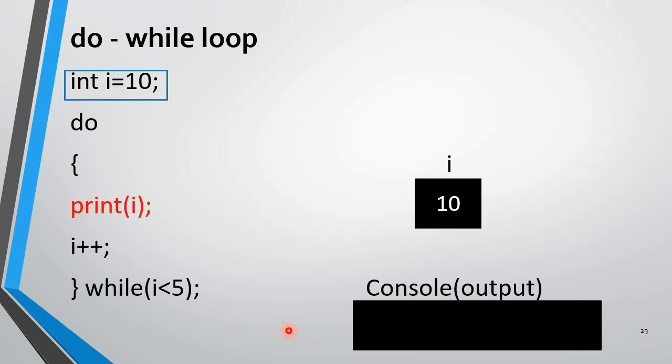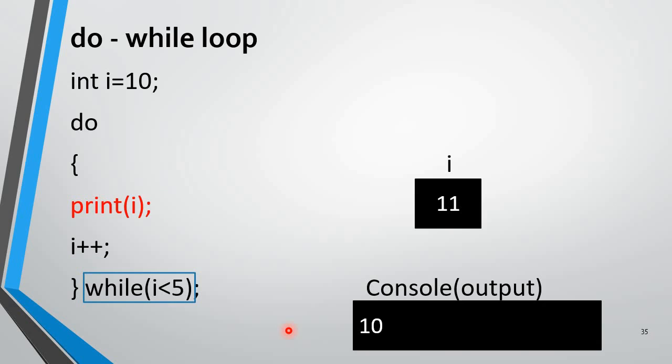So an example of do while is, at the beginning i is initialized to 10. At this particular line of code, no changes take place. The value of i is printed here, that is 10. After this i is incremented to 11. Now the condition is evaluated.